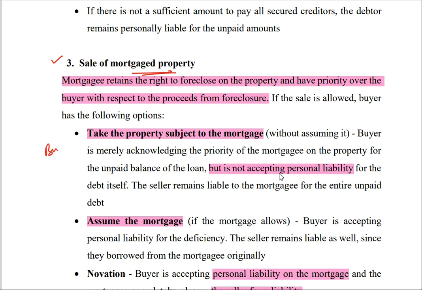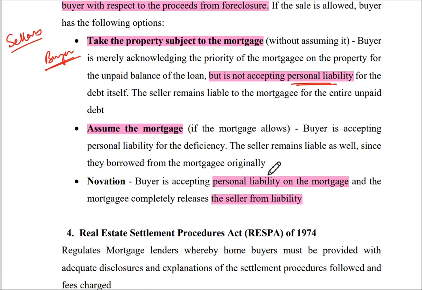A new buyer might not accept personal liability for the seller's, the borrower's, liability. Or the new buyer might assume the mortgage. Or under novation, the new buyer takes all liability, even personal liability, on the mortgage. So in that case, the original borrower seller goes free.